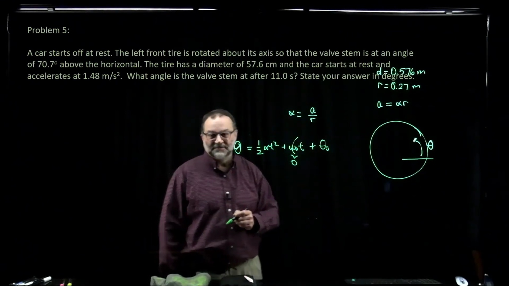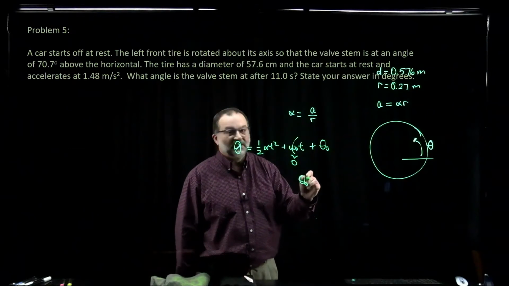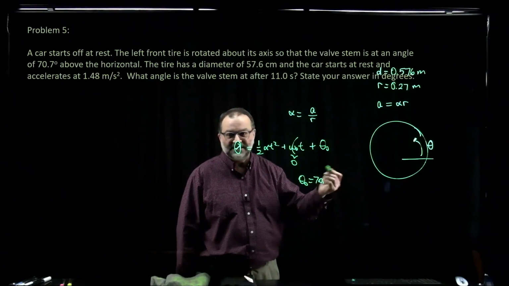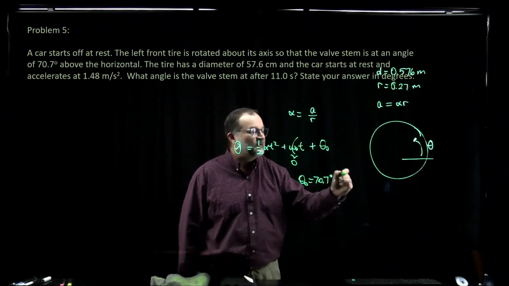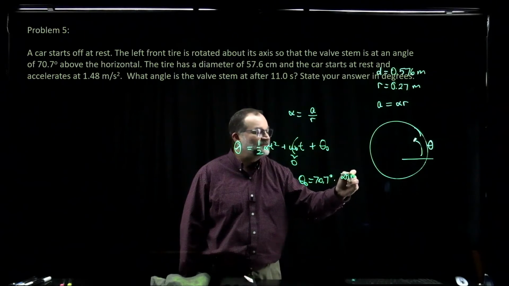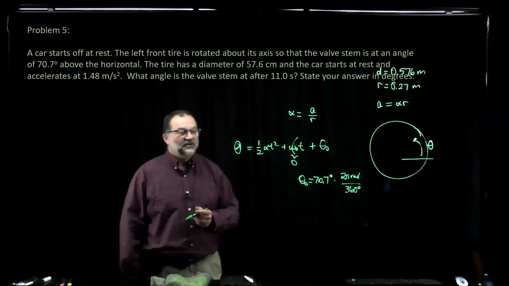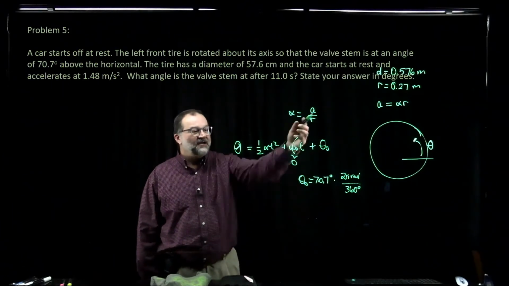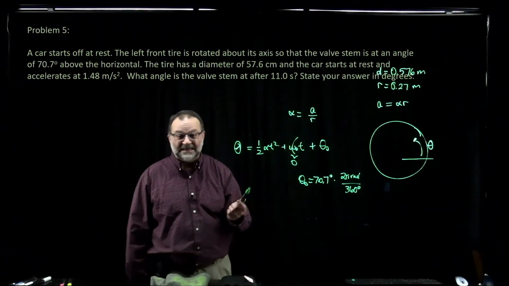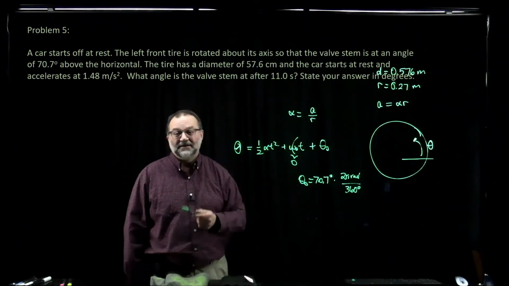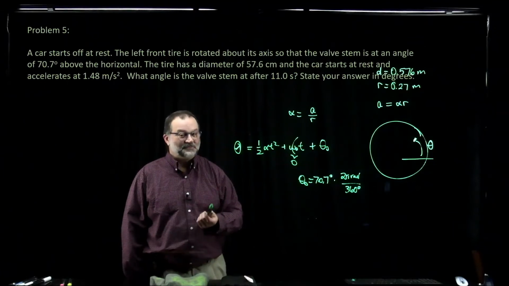Theta naught in this case is 70.7 degrees, and we have to convert to radians, 360 degrees for 2 pi radians. So we have theta naught, alpha, and t, and we just plug it all in and we're going to get an answer.